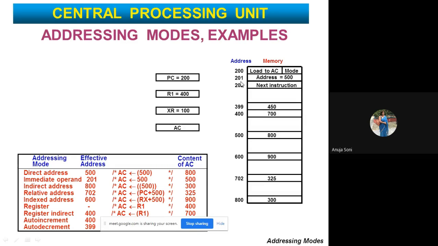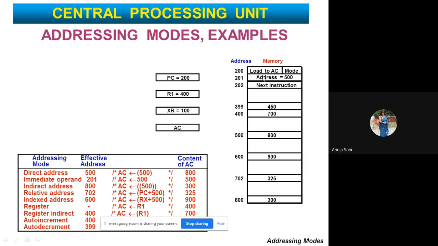At location 200, the instruction is stored in the capacity of two words, beginning from address 200. This instruction, which consists of three parts, load to AC, mode, and address part, is not stored in one word, it is stored in two words. The top two components, load to AC and mode, are stored at location 200, and the address part is stored at location 201. It's given in the question.